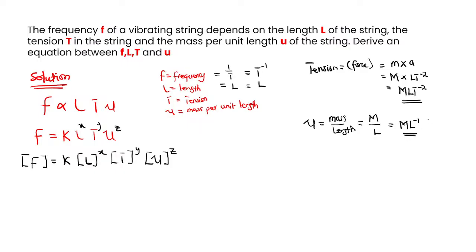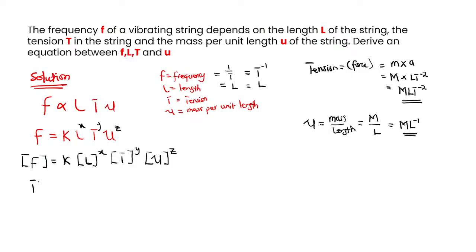So now that I have these parameters, all I have to do is to go ahead and substitute them into this expression. So I have over here my frequency, which now becomes T inverse. So in place of the frequency over here, I'll write T inverse.